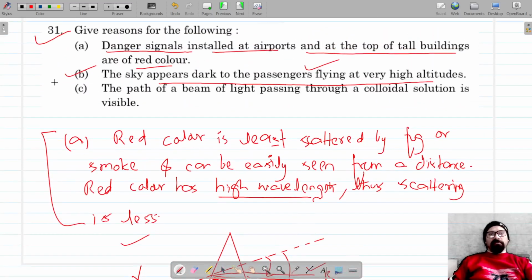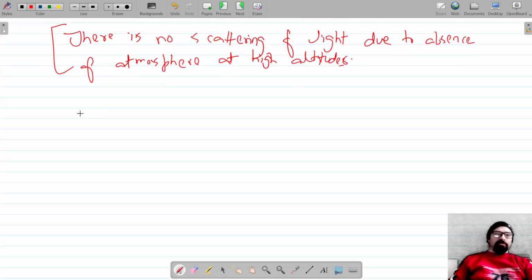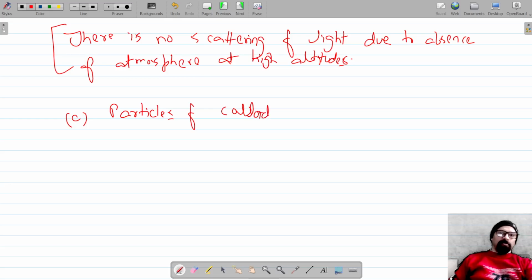Okay, moving on to part C. The path of a beam of light passing through a colloidal solution is visible. Through the colloidal solution, the path of the light is visible because the particles of the colloid are big enough. We know that the scattering of color depends on the size of the particles.